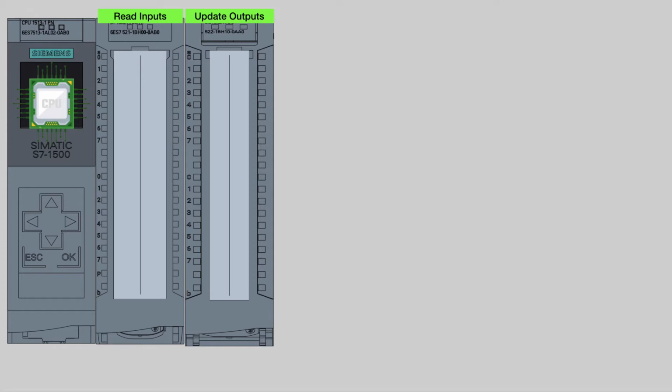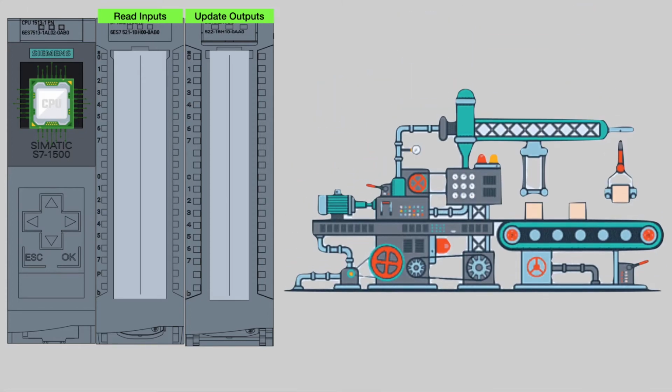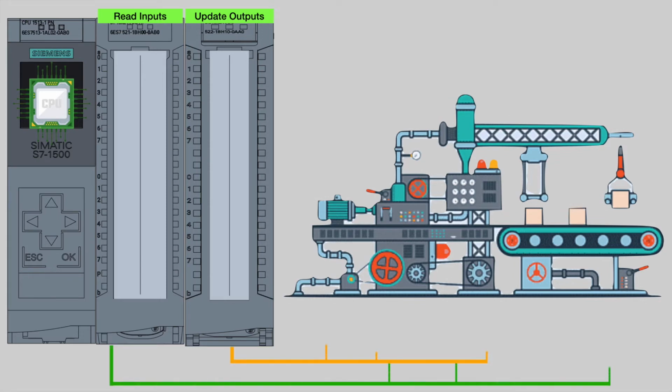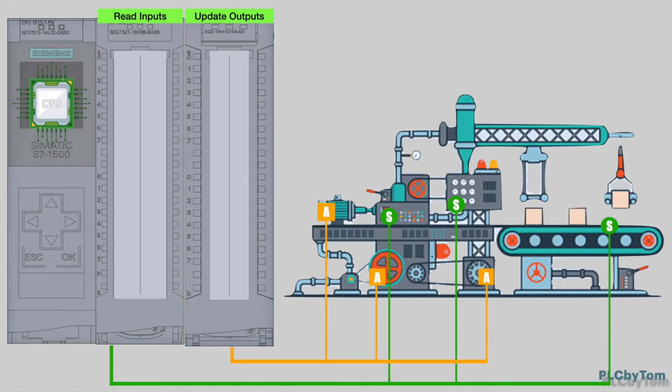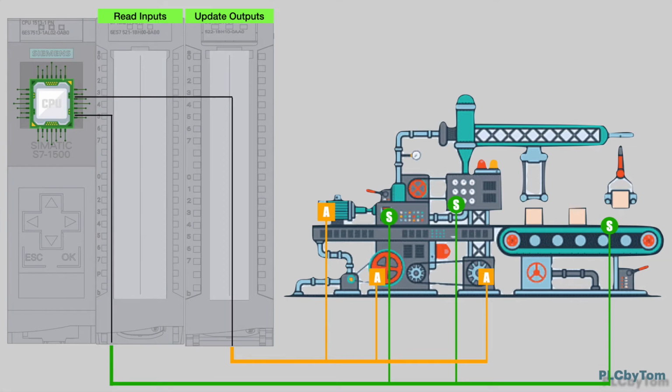To illustrate what actually this PLC scan cycle means, let's assume we have a machine controlled by PLC. So statuses from sensors are read by input module. Then execution of user program is in CPU, and at the end update of outputs via output modules, and by this actuators get the commands.